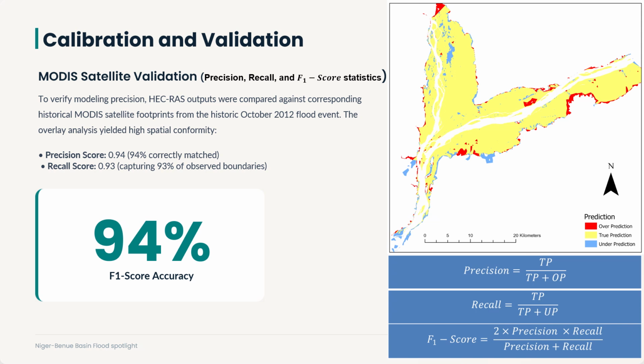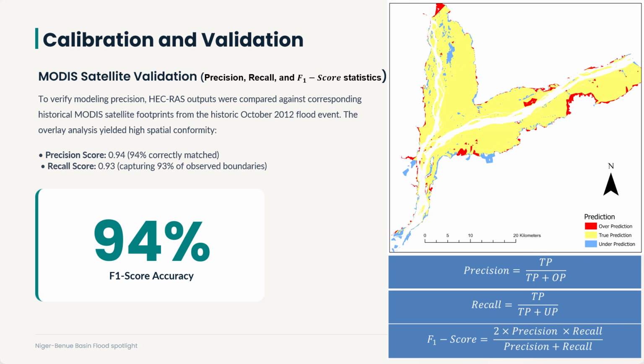Here we have the over prediction and under prediction of the two data. So the Moody's data was able to show that 94% of the time the HEC-RAS model was accurate.